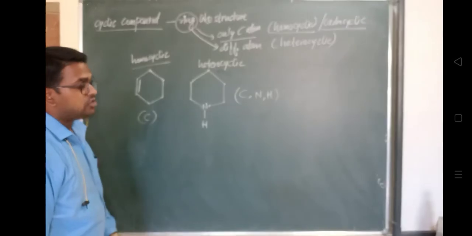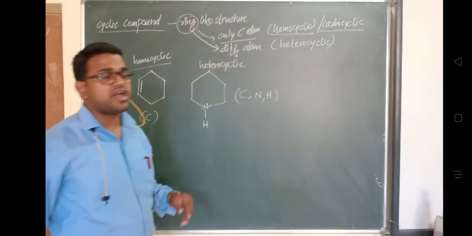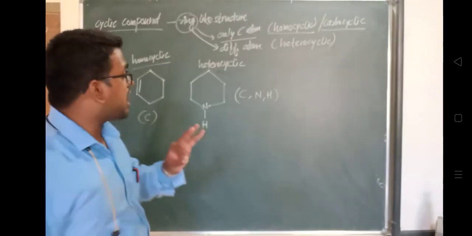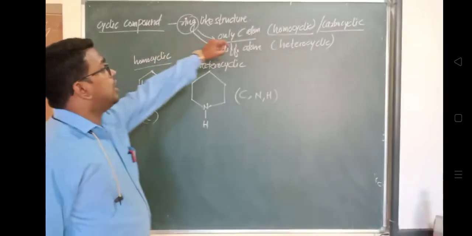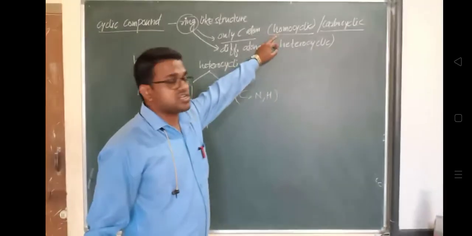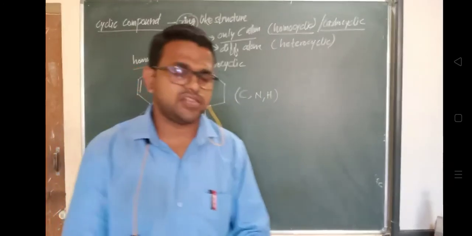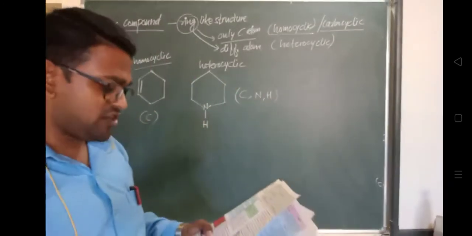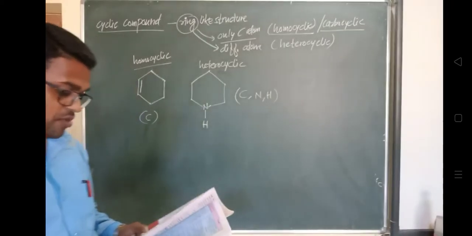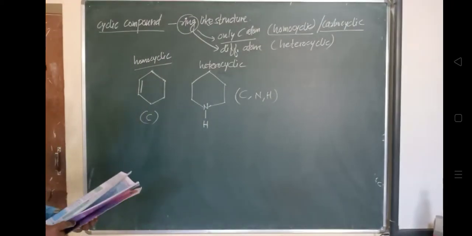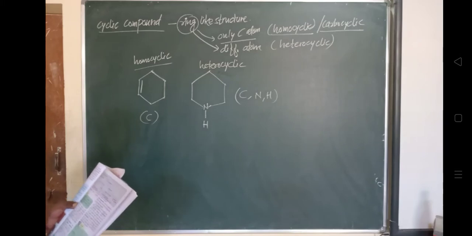So on the basis of the structure also you can identify which structure is a homocyclic and which structure is a heterocyclic. There is an activity by which you can easily identify with the help of all the diagrams. So this is about the classification of cyclic.